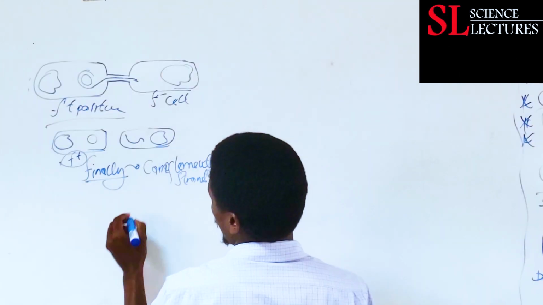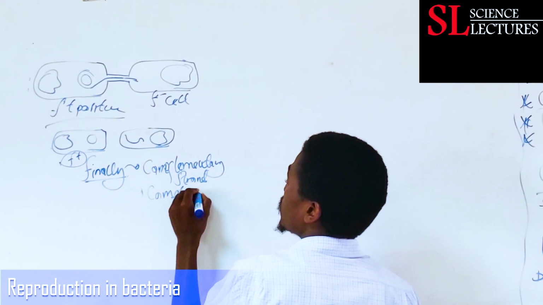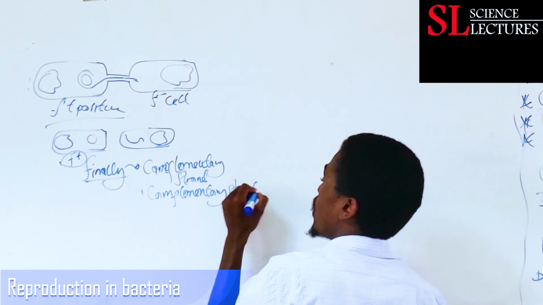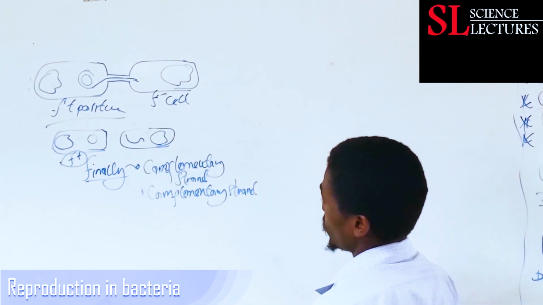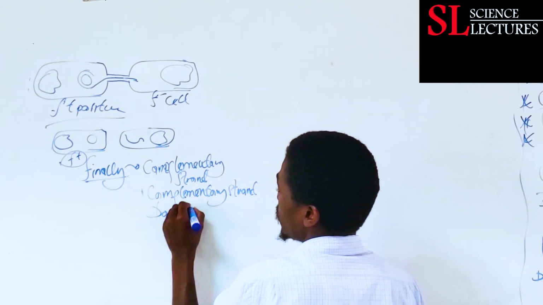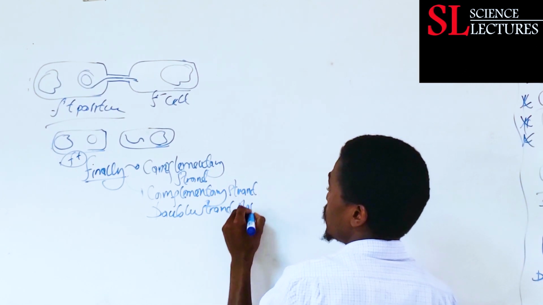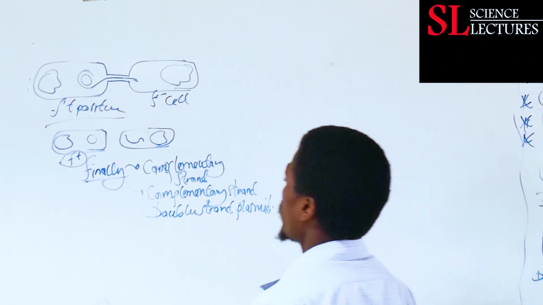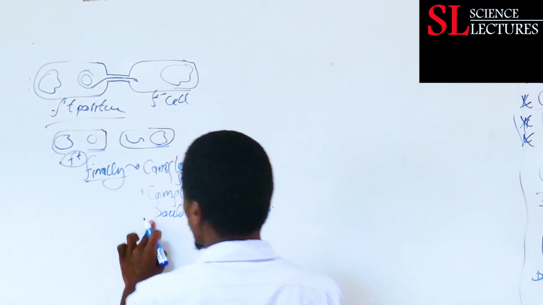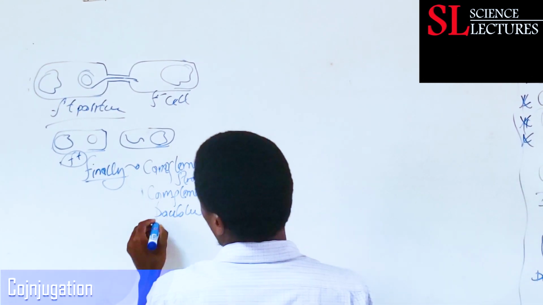Also, the one that has received one strand will synthesize a complementary strand to recover a double-stranded plasmid. So that is how conjugation works, and this process is very important in that it causes recombination, altering the genetic makeup.